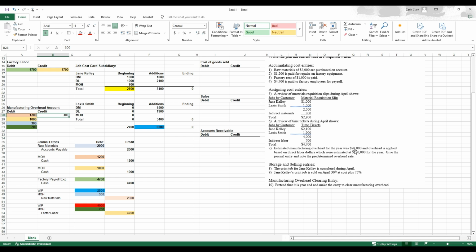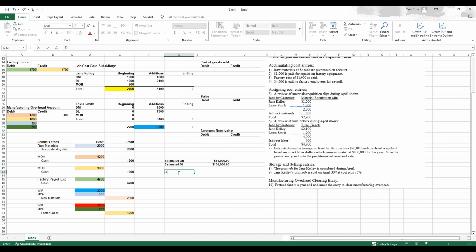And we can figure out our predetermined overhead rate by the information that it provides us here when it says at the beginning of the year, basically we had estimated overhead, and we'll say that was $70,000. And we had estimated direct labor dollars of $100,000. That's what it tells us here. I think those look the same.